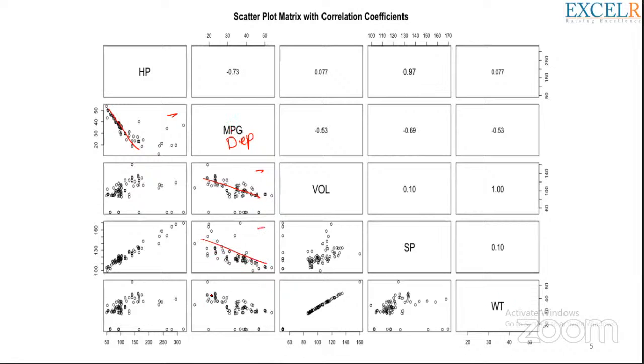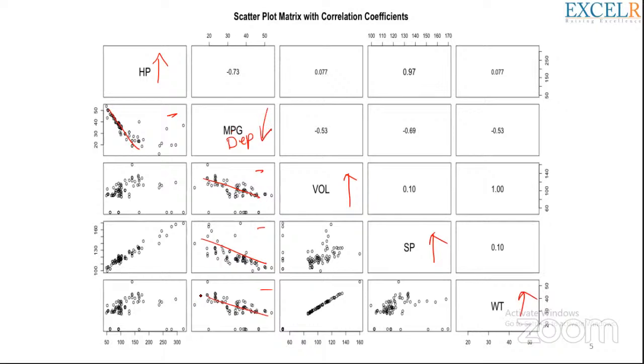MPG versus weight, this also negative, right? So that means MPG is sharing the negative association across the variables. Meaning, if I increase a car's horsepower or volume, top speed, or weight, the MPG, the mileage, is going down.